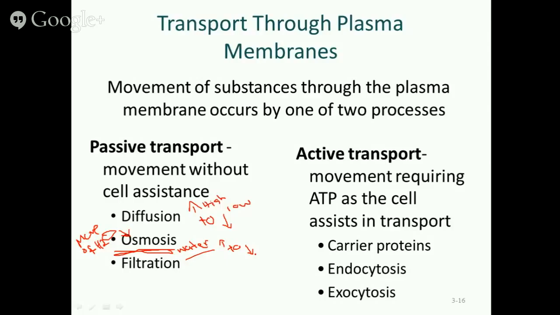So when we say water follows solute, let's draw a little picture here. Here's a little beaker filled with water, okay? Let's put a semi-permeable membrane in the middle of it, like your cells have.